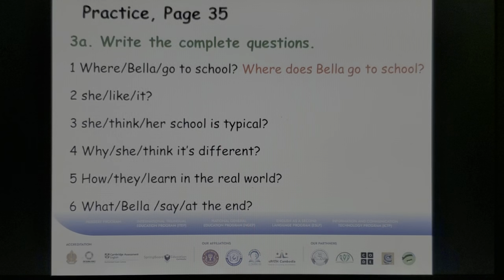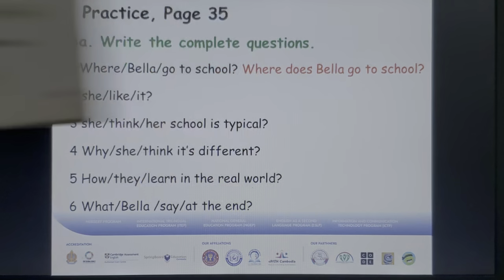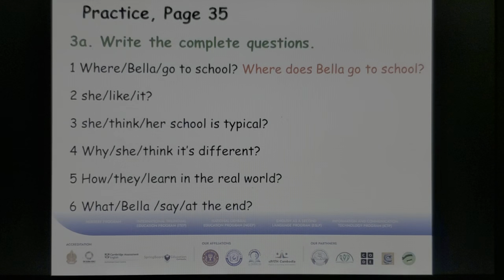It's up to you. Or you can write your answers in the textbook here. After you finish your work, you compare your answers with my answers, whether your answer and my answer are the same or different. Okay, so let's go. I think 1 minute is enough to do the exercise.